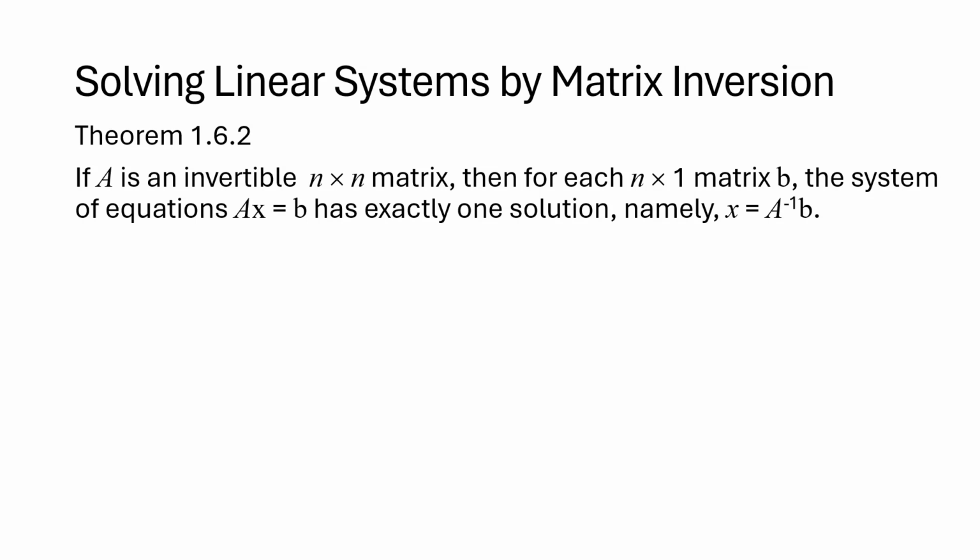Theorem 1.6.2: If A is an invertible n by n matrix, then for each n by 1 matrix B, the system of equations Ax equals B has exactly one solution, namely x equals the inverse of A times B.